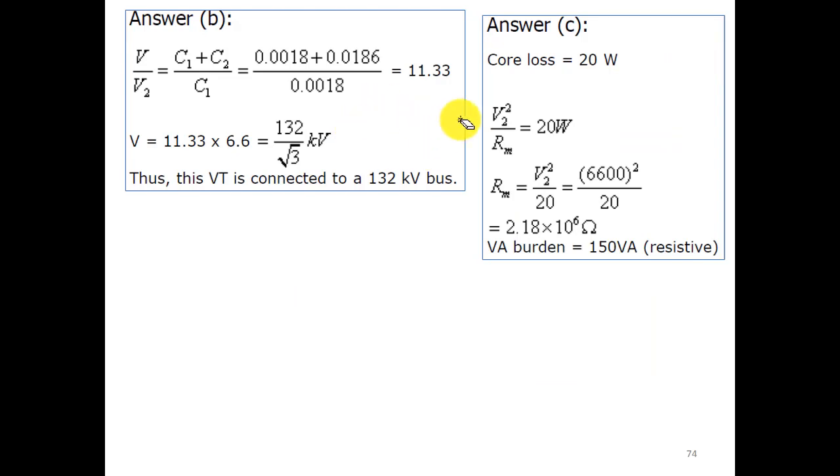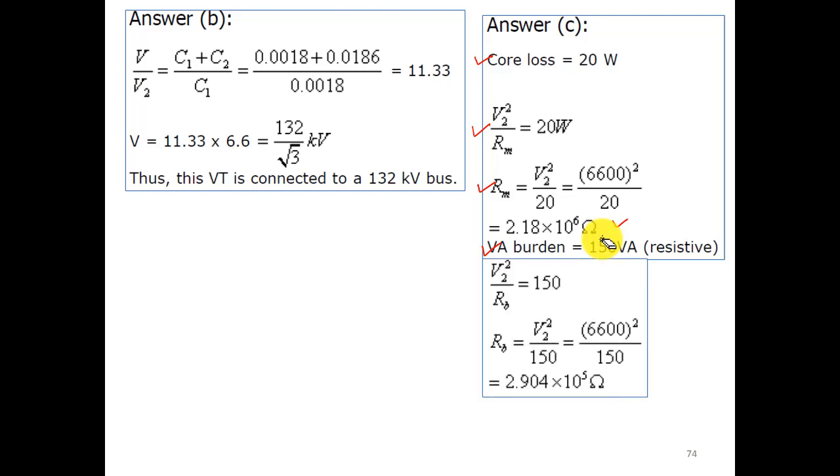We already know that the core loss is given as 20 ohm, and just by substituting V2 square by Rm equal to 20 ohm, we'll find Rm. So Rm is equal to 2.18 into 10 to the power 6 ohm. It's a very huge value. In fact, in the transformer, Rm and Xm values are very high. And the VA burden is given here as 150 volt ampere.